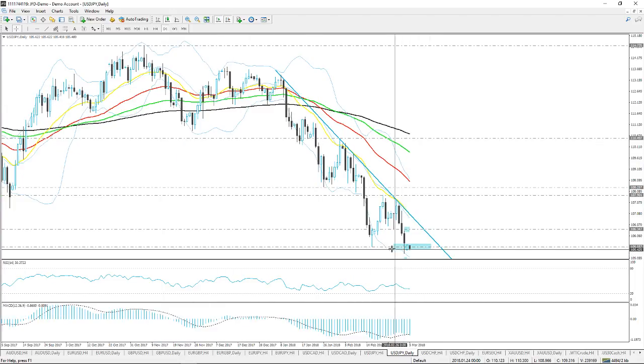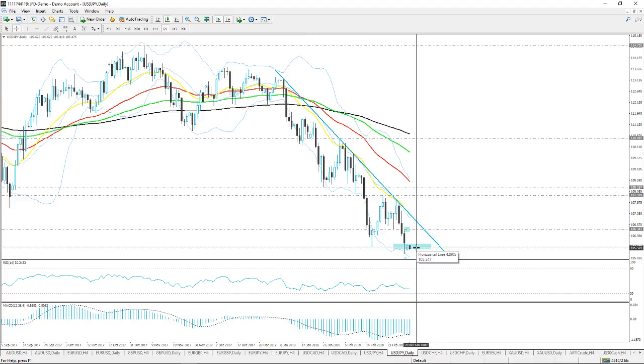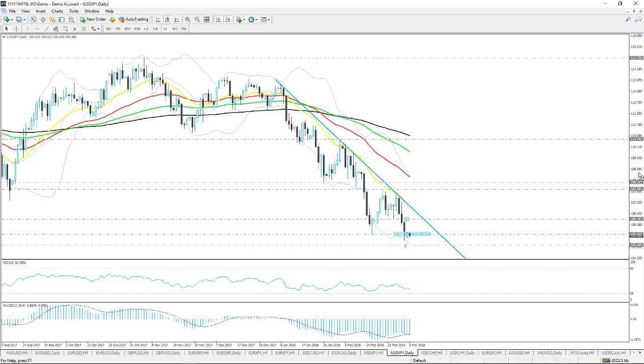Last week we were talking about this level here, the 105.550. We said if it breaks this, if it closes below this, then we could see a move towards the round number of 105. That could be a psychological level here, but on Friday it didn't close below.